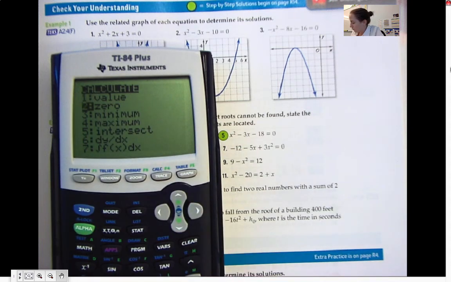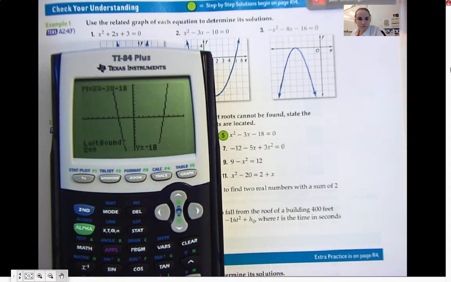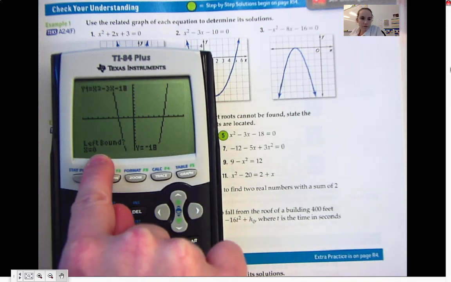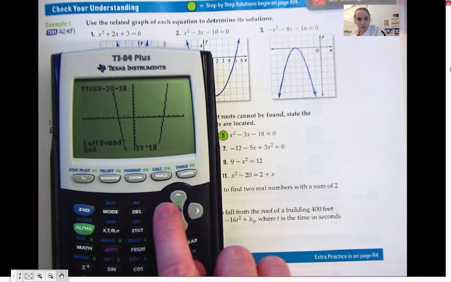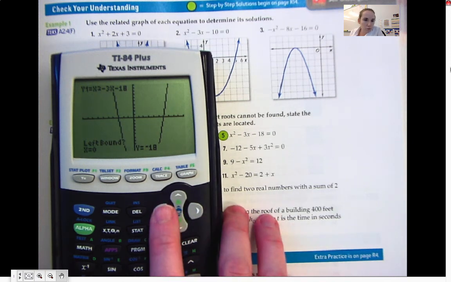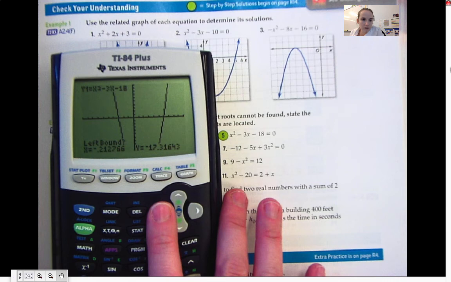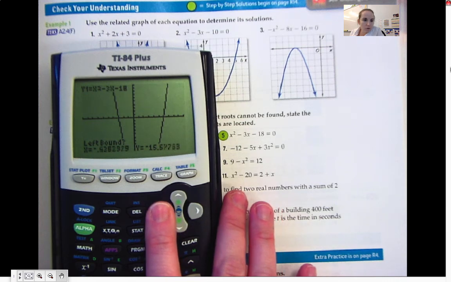So zero, and it says, well, what's on the left side of the zero that you're looking for? Left bound. So I'm going to hit one of these arrows, and I don't even see my cursor blinking on the screen, so I'm going to find it. Just hit the arrow over. There it is.